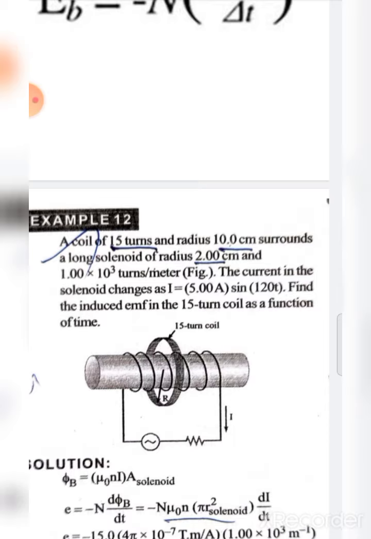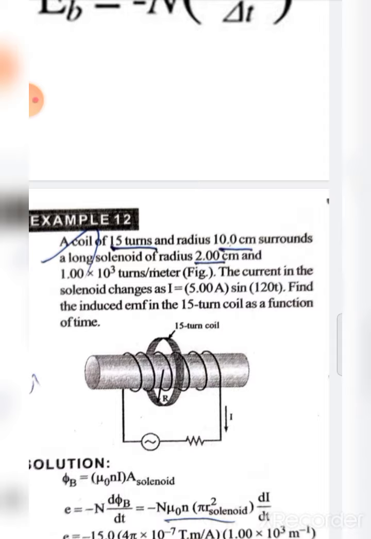There is a solenoid. A solenoid is a long coil, right? This solenoid is connected to an alternating current source. So what is the induced EMF? The flux phi B is equal to mu naught N I A. This is the formula. Therefore, induced EMF E is equal to minus N into d phi by dt.